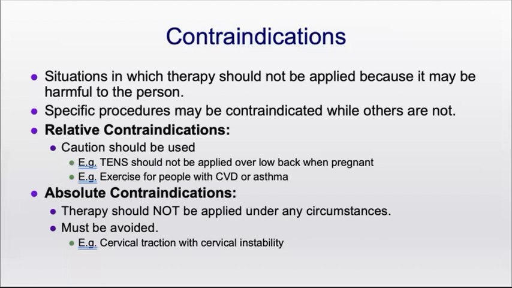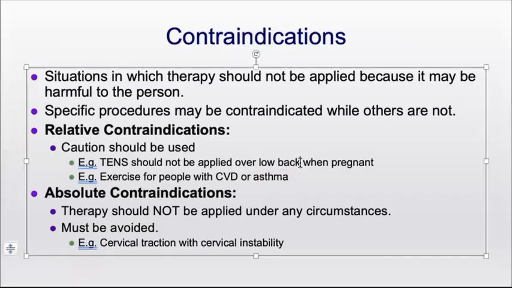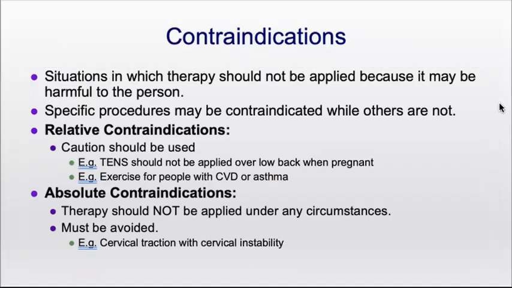Another example would be exercise for an individual with cardiovascular disease or asthma. Okay, just because you have asthma or cardiovascular disease doesn't mean you shouldn't be exercising. It just means you need to be careful with the type of exercise that you are applying. You're not going to want to get someone with asthma to start to breathe really aggressively, so you're probably not going to be introducing sprint exercises or high intensity training or HIIT training or anything like that, because you're just going to send them into an asthmatic episode.